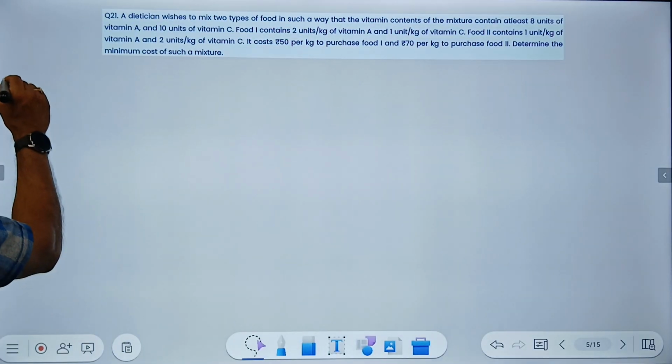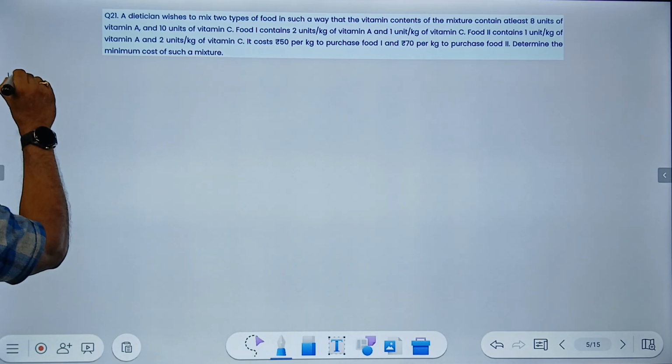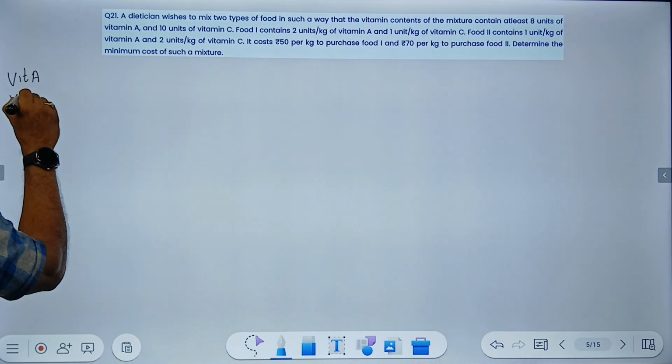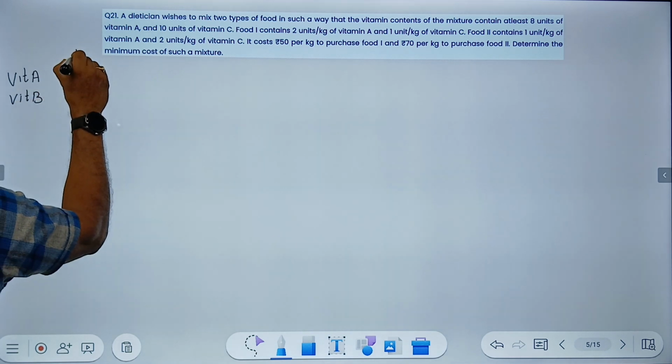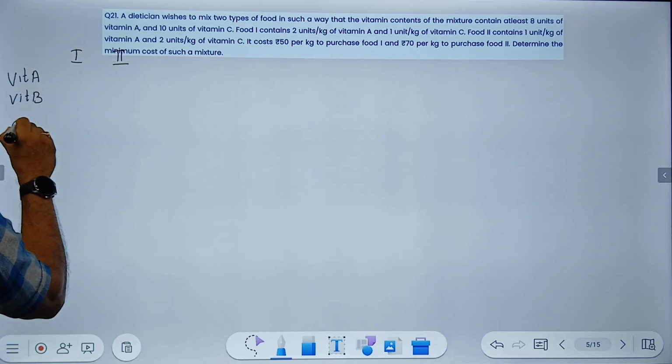So first I will write the table. This is my vitamin A, this is my vitamin C, this is food 1, and this is food 2, and this is my cost.